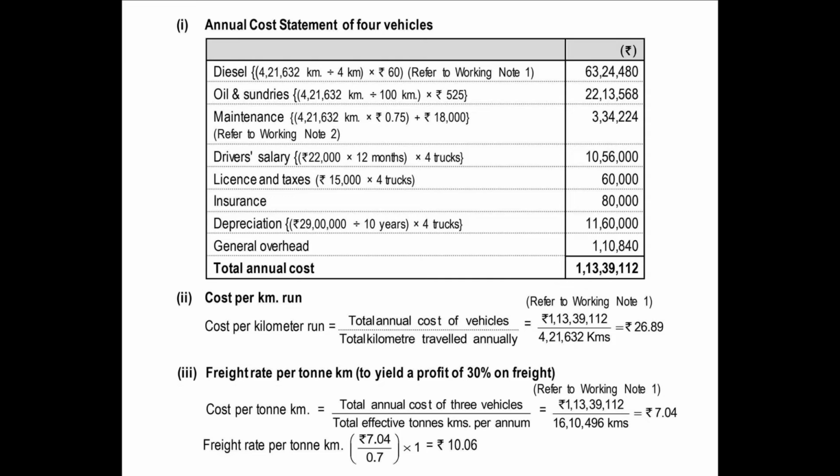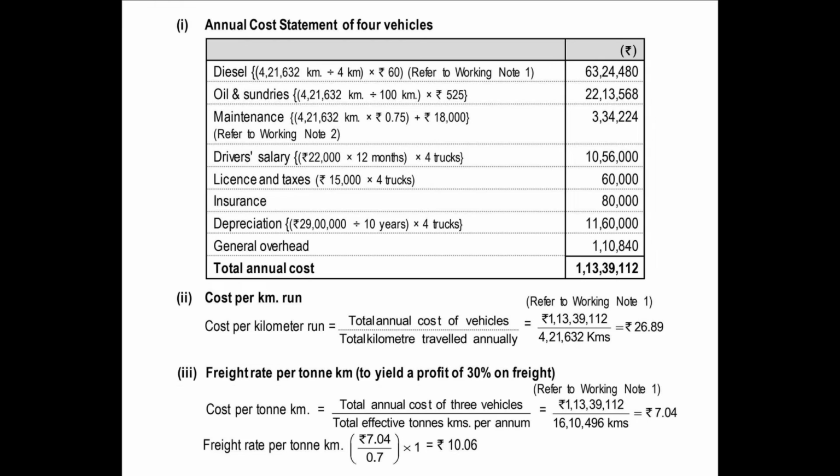Then next, purchase price per truck. Listen very carefully. Per truck purchase price is given in the problem. Scrap value is also given in the problem, which is a related component for calculating depreciation. So 30 lakhs minus scrap value of rupees 1 lakh is equal to 29 lakhs, divided by the number of years of life, 10 years.